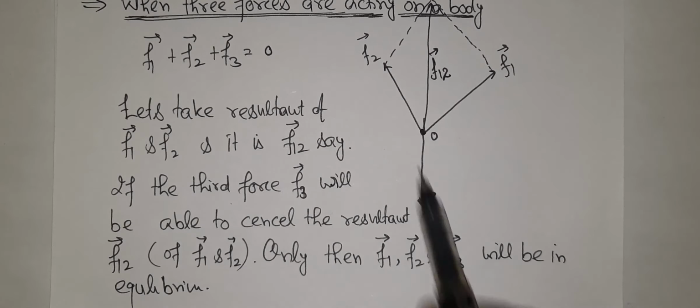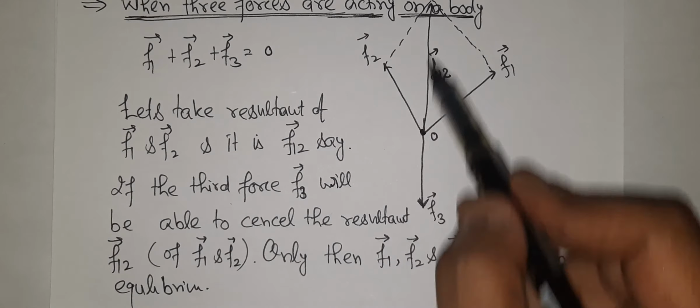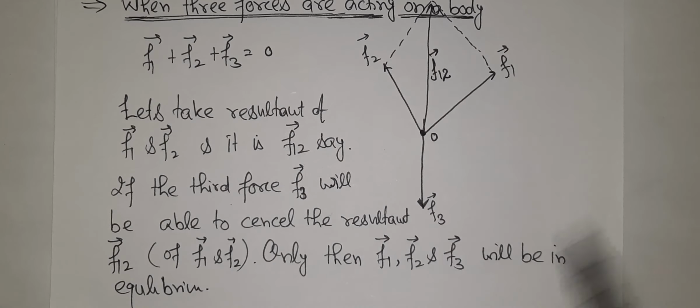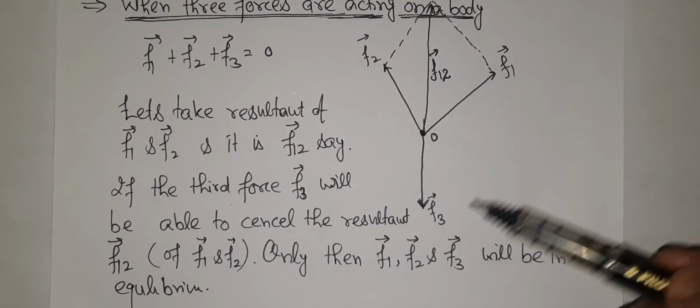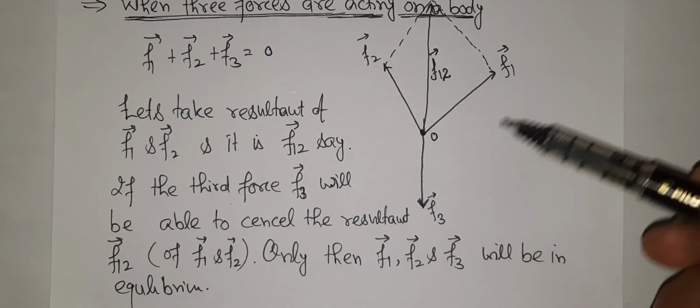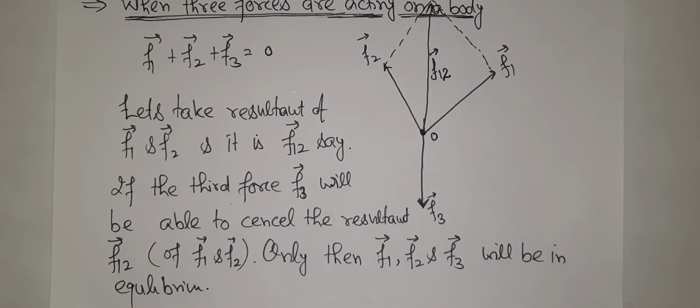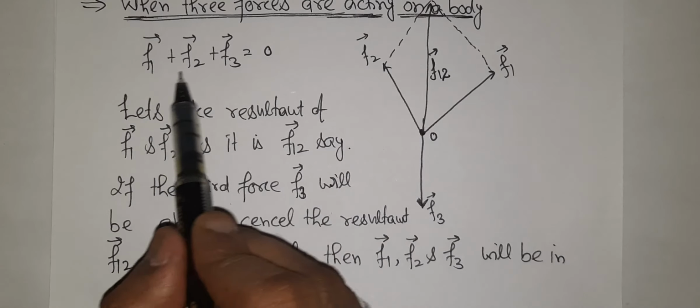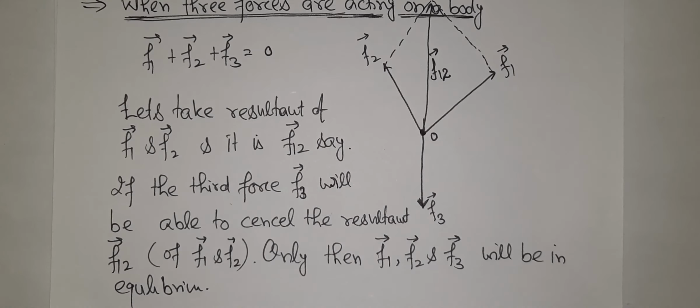If the resultant of F1 and F2 is cancelled by F3, then definitely the resultant of F1 and F3 will be cancelled by F2, and the resultant of F2 and F3 by F1. And the vector sum of all three, F1, F2 and F3, will be equal to 0.